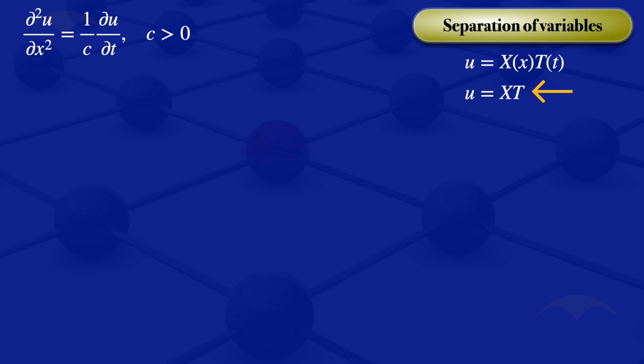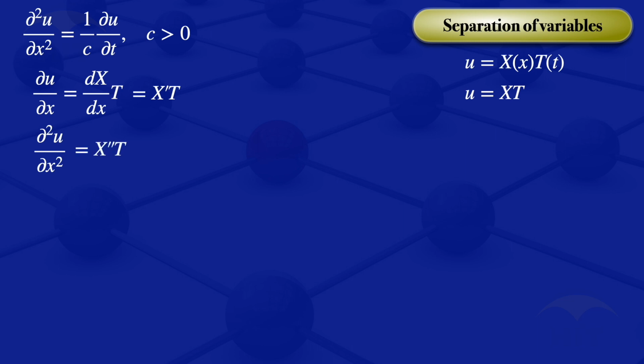When we do that, the partial derivative of u with respect to x equals the derivative of X with respect to x multiplied by T. We can write that in short as X prime, so our equation becomes X prime multiplied by T. To get the second derivative of u with respect to x, we differentiate with respect to x for the second time, so that the second partial derivative of u with respect to x equals X double prime multiplied by T.